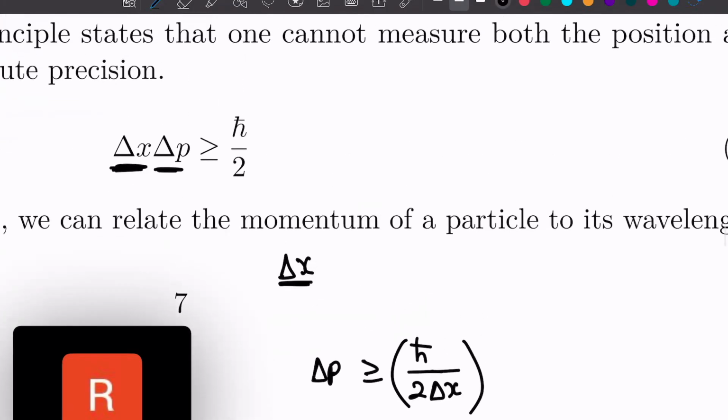Honestly, I wouldn't have thought that in a slit this would be delta X. But these are things that you have to assume and know.